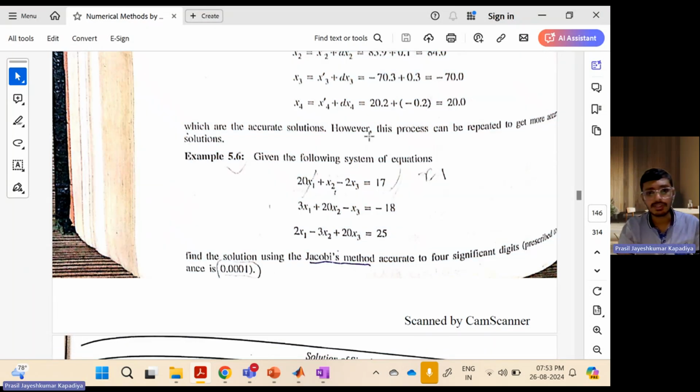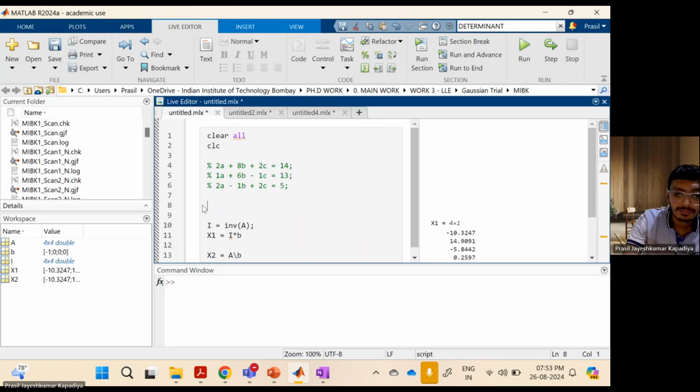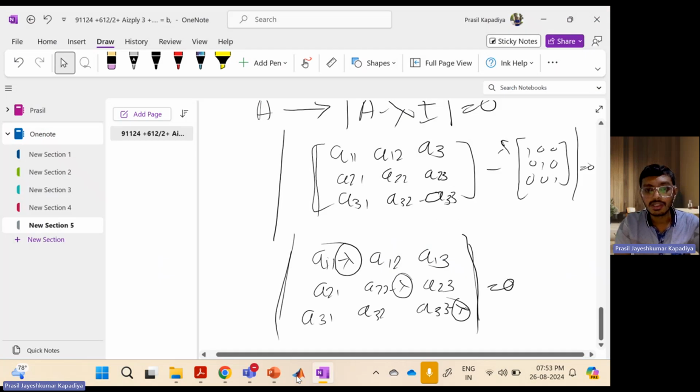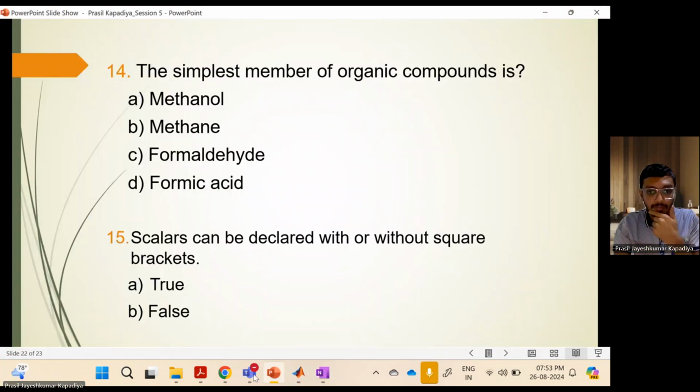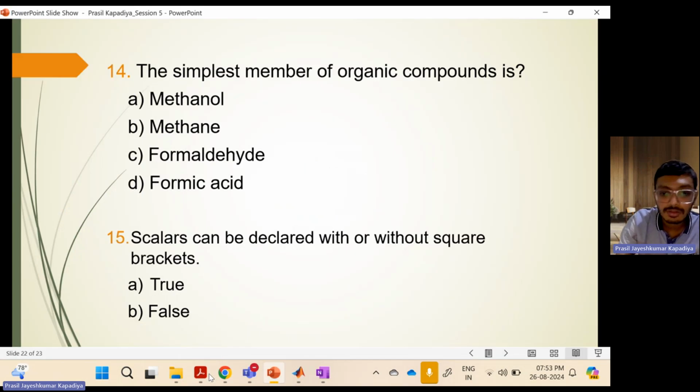So first, these three equations. 2 1 minus 2. Second equation, 3 2 0 minus 1.